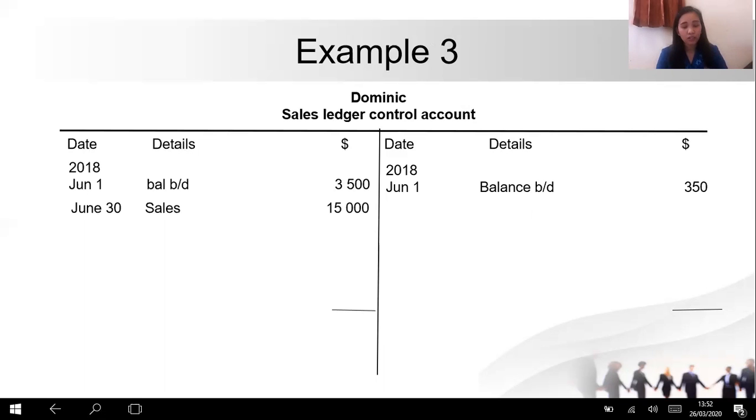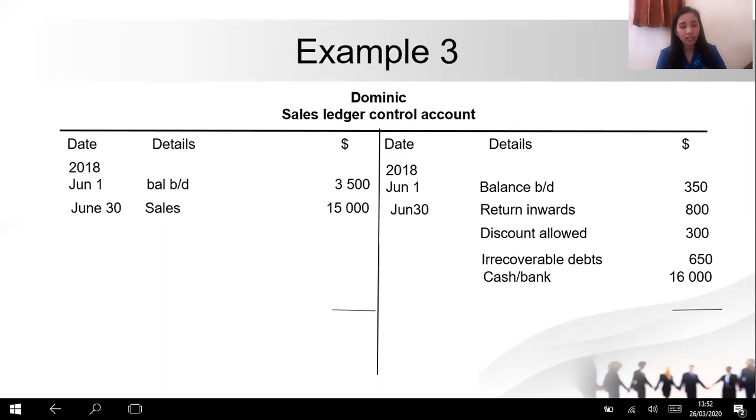On the debit side is sales 15,000, on the credit side returns inwards 800, discount allowed 300, irrecoverable debt 650, cash 16,000. And then because this is all the equation, we already know the BAL CD is supposed to be on the credit side. That means the BAL CD is the same number, we put 150.